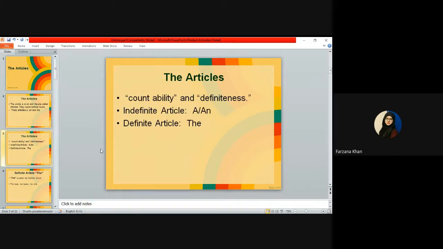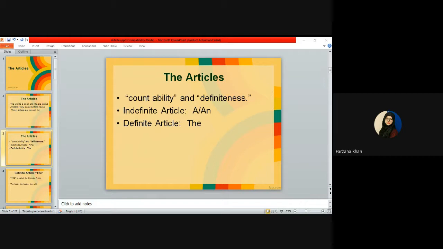When we talk about the definite and indefinite article, this is the classification of the use of articles. It is an important concept. You can say there are two important concepts linked to the usage of the article, which are countability and definiteness.